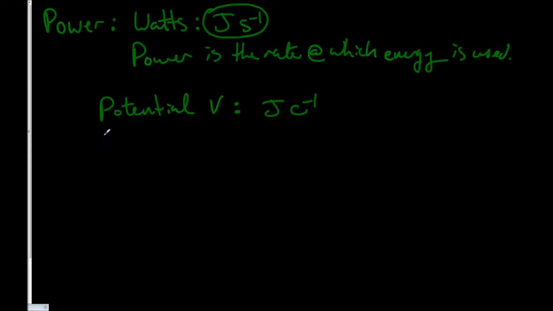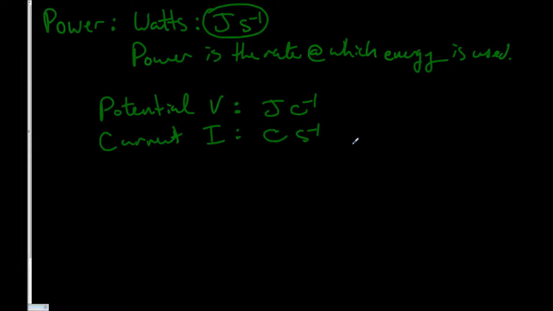And we also have current, which is measured in amps, which, remember, is how fast pieces or chunks of electricity are moving through a circuit. Coulombs per second.